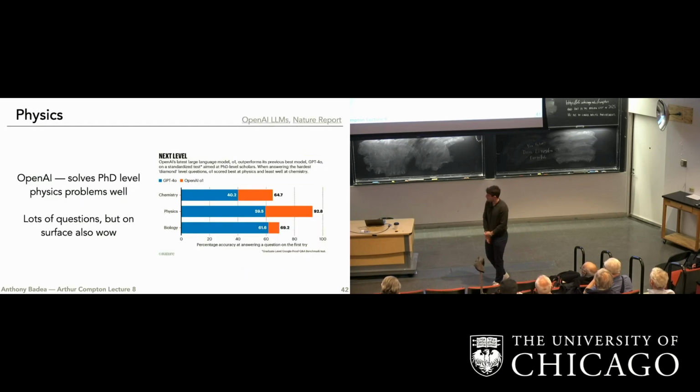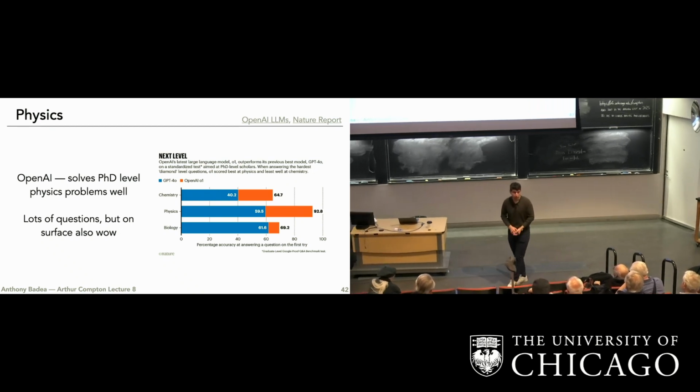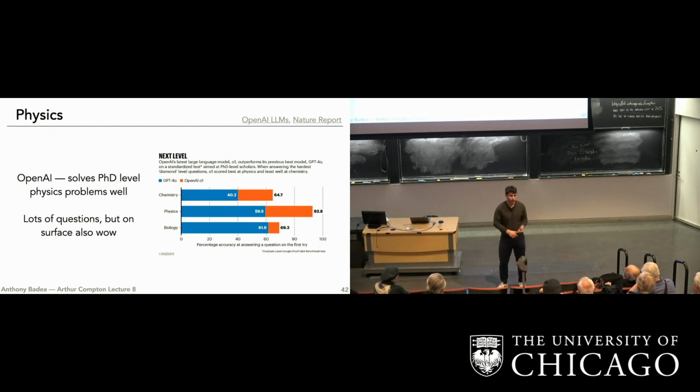They're really claiming that on physics PhD level problems, effectively what this is saying is that you reach 100%, and then you're like a graduate student who's taken all of the classes and now is transitioning to research.